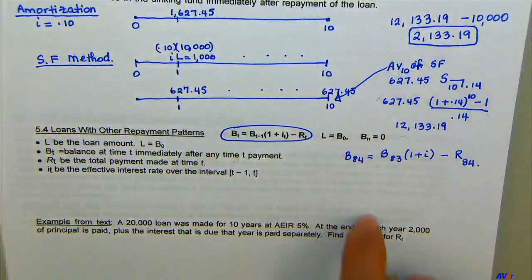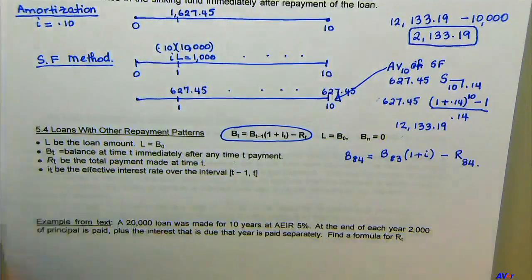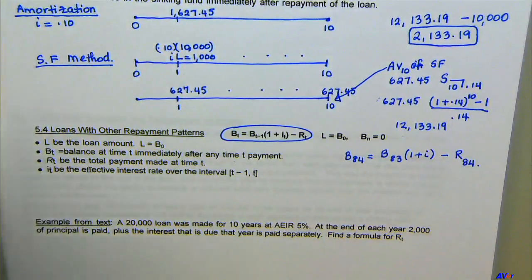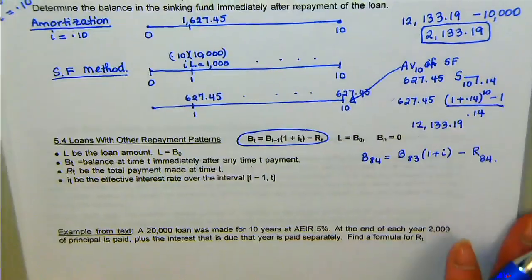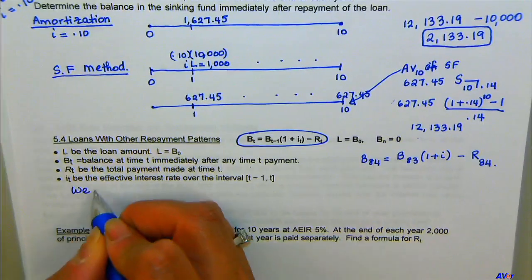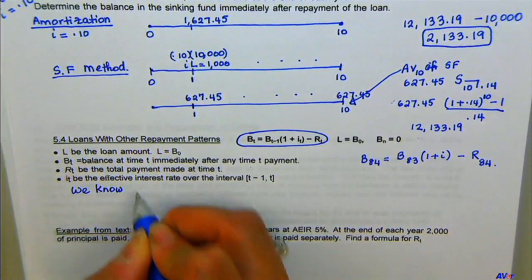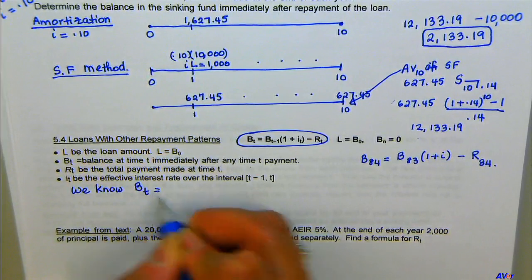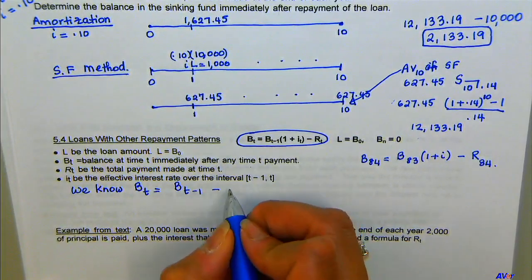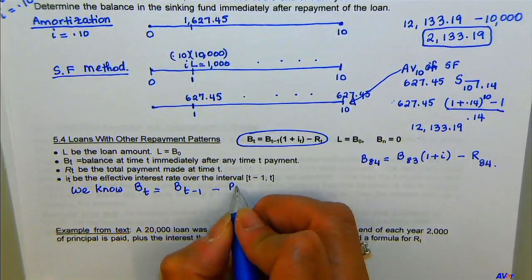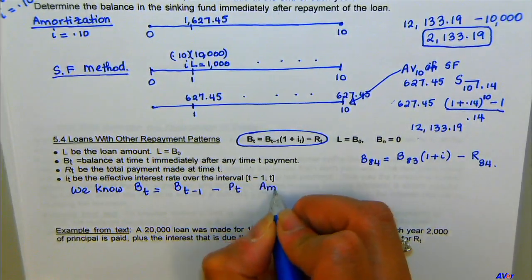And let's talk about this formula. Okay, so we know that balance at time t is equal to balance at t minus 1 minus P of t from the amortization schedule.